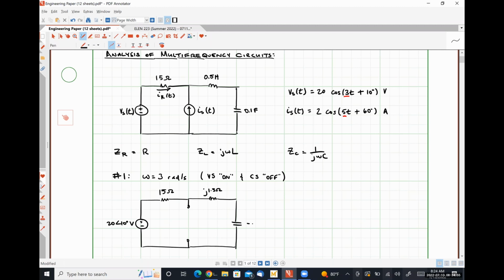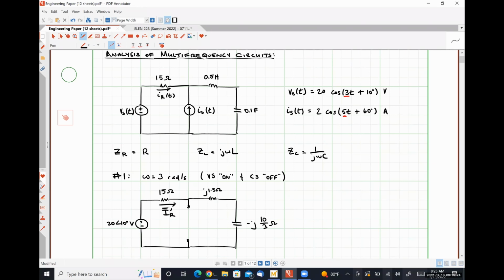So I believe this is negative j 10/3 ohms. I'm going to double check that just to be safe. Yep, 10/3. And here is our frequency domain current IR prime that we're looking for.